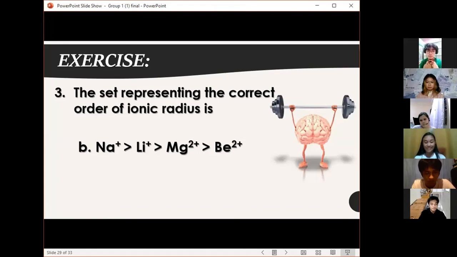So, the order of their set is sodium, then lithium. Then, when we check magnesium and beryllium, magnesium is below beryllium, so it is bigger than beryllium, which is why beryllium is last in the order.